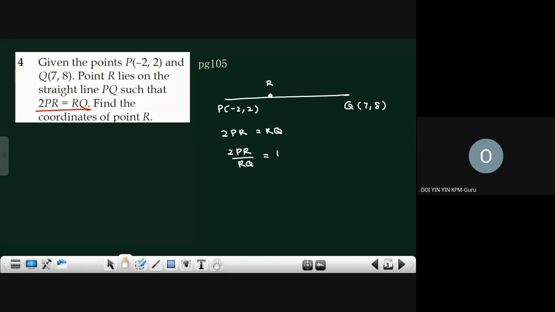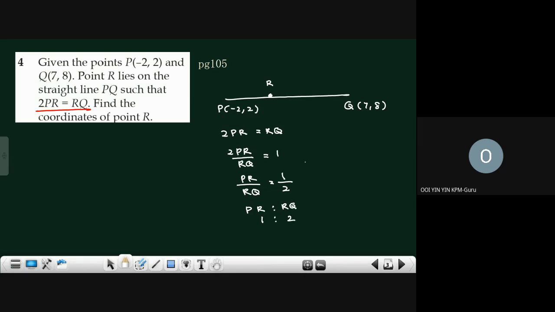And then your 2, move to the other side, you will get PR over RQ equals 1 over 2. When 2 is moved to here it becomes over 2. So if you write in the form of ratio, PR to RQ is 1 is to 2.